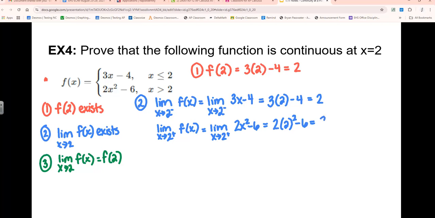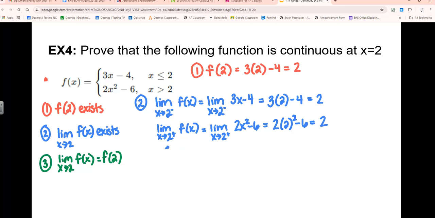So 8 minus 6 also gives us 2 there. Show as much or as little work after you plug it in as you want. You can do it all in your head. They are going to assume that at this level of mathematics you can complete that in your head. If you can't, or if you just feel better if you write it out, go ahead. You can show every step. It's fine.